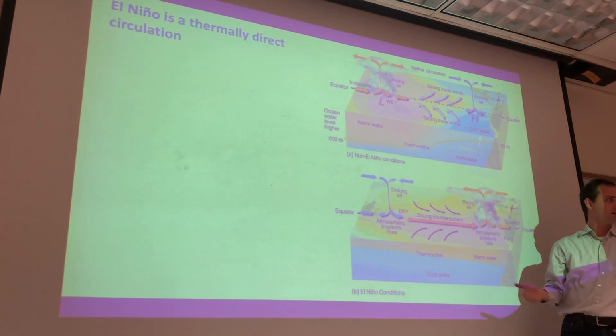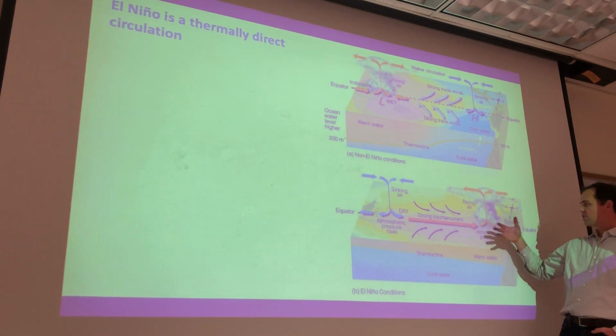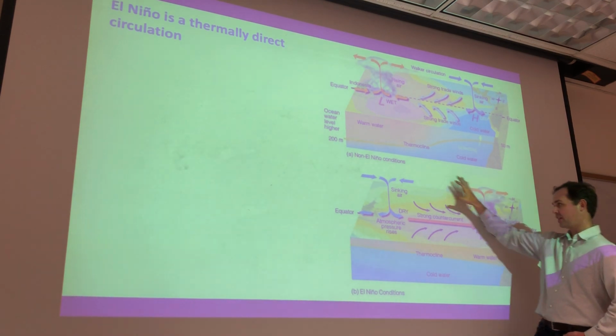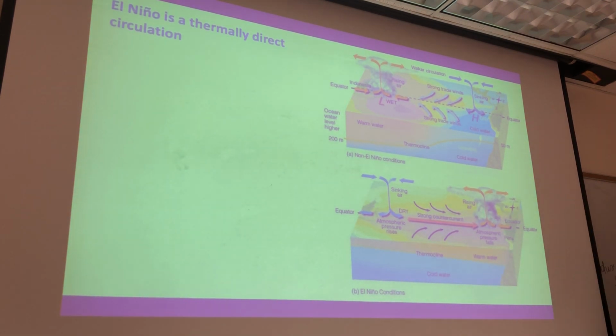So again, it's warm air generating a surface low, rising air, and precipitation. Thermally direct circulations are playing a huge role in controlling the precipitation of this region of the world.